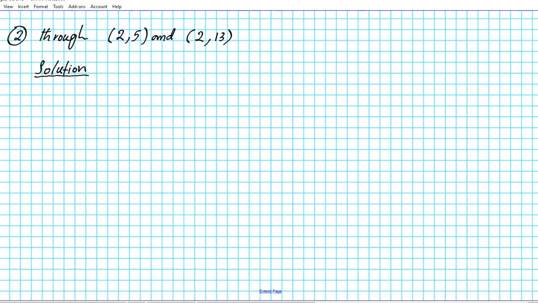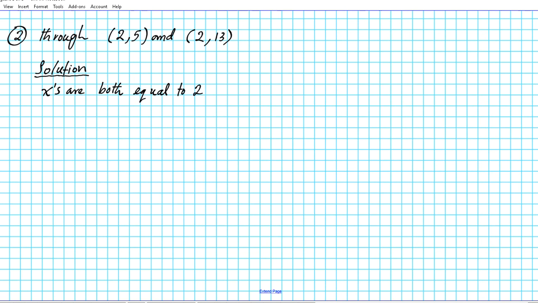If you take a look at these 2 points that we have, you will notice that the x's are the same. So based on the fact that the x's are the same, that automatically tells us what the equation of the line is. So x's are both equal to 2.